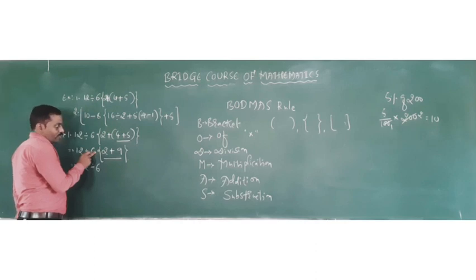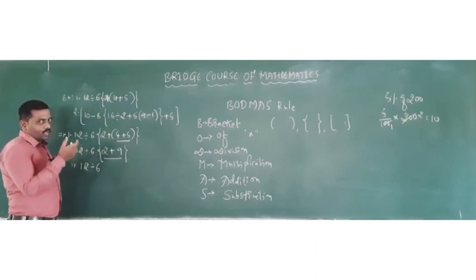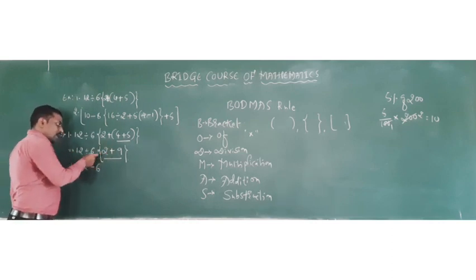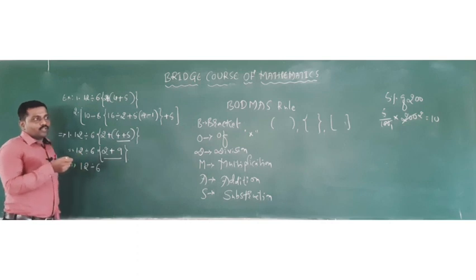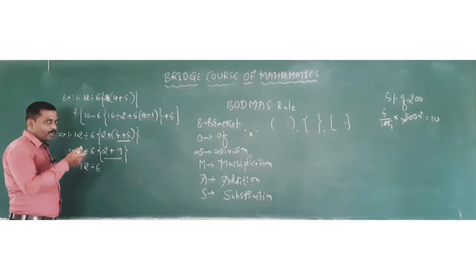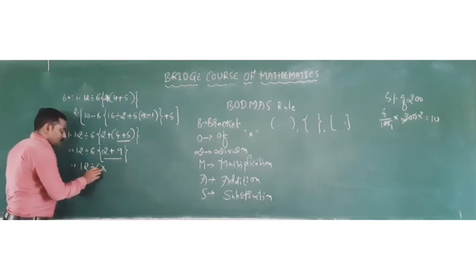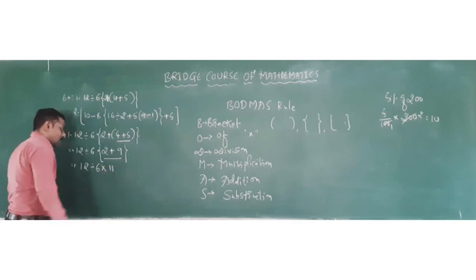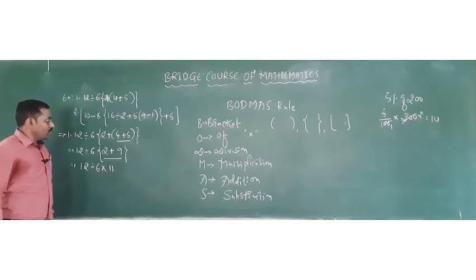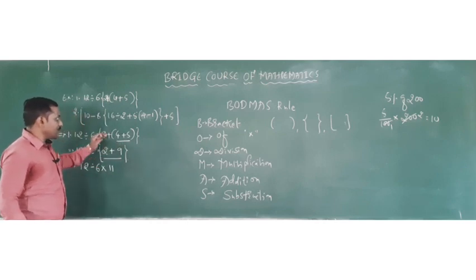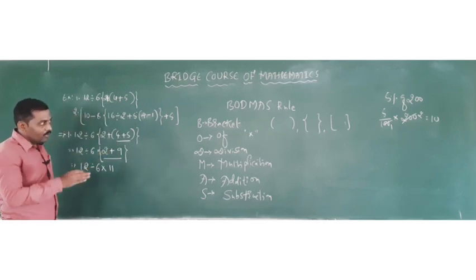So here it is of. Of is nothing but one type of operation, and in such a case the of works like a multiplication. The nature of of is as a multiplication. So here it is 6 into 11. In this example, first remove the round bracket, second the flower bracket, then what do we go to?